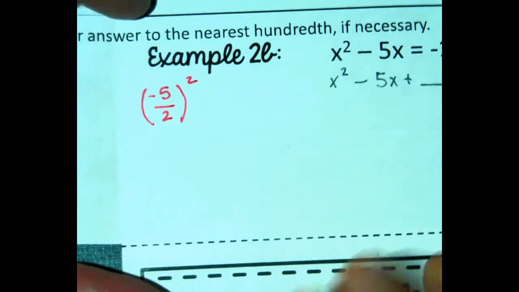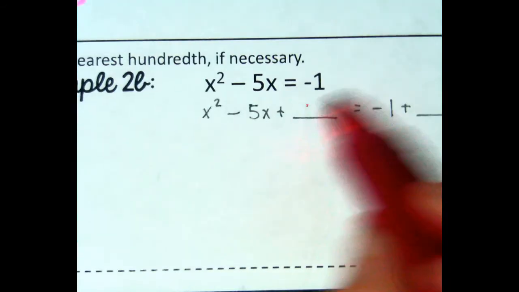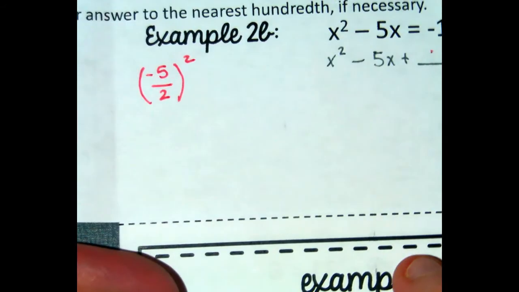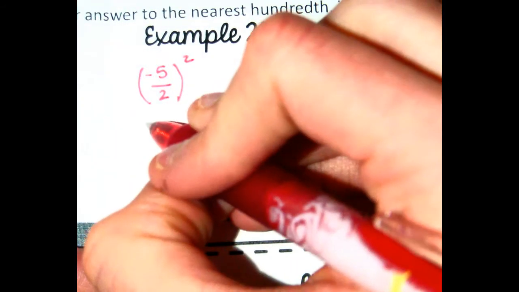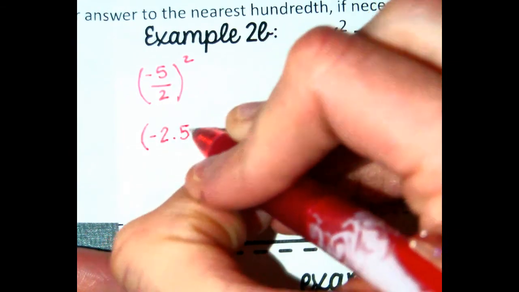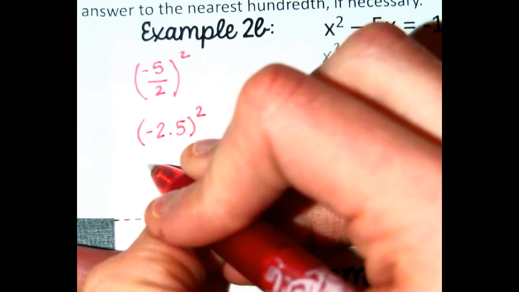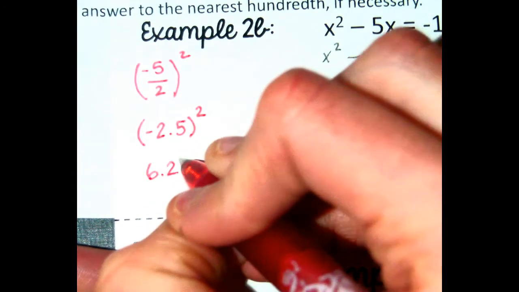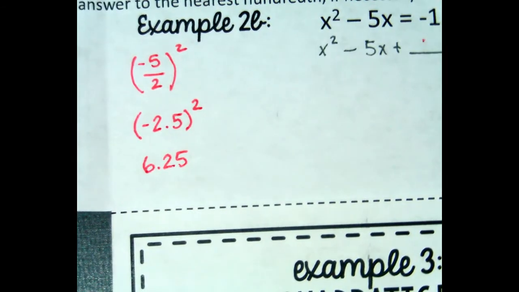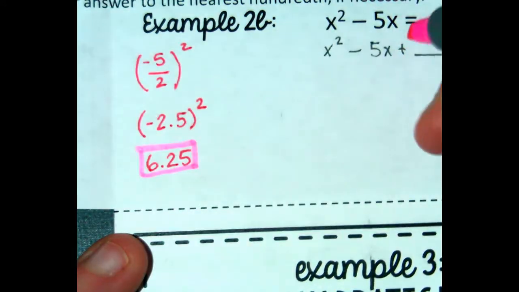Here's what I mean. Some of you are not writing this down over here, and then you have no idea what goes here and here. If you are, thank you. What is negative 5 divided by 2? What is negative 2.5 squared? 6.25. This number goes in both blanks.